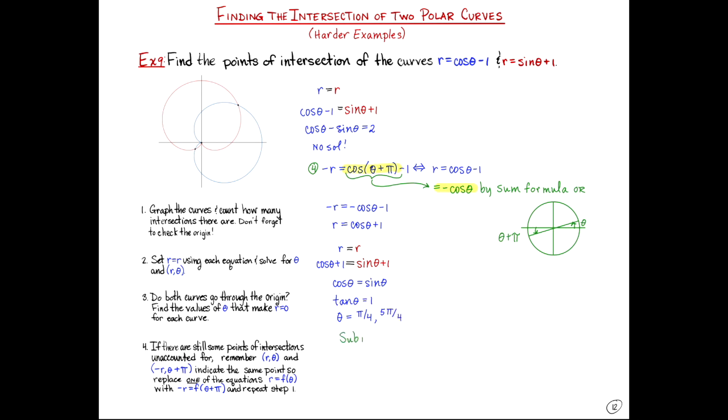Let's sub our theta values into r equal to sine theta plus 1. At pi over 4, we have 1 plus the square root of 2 over 2.